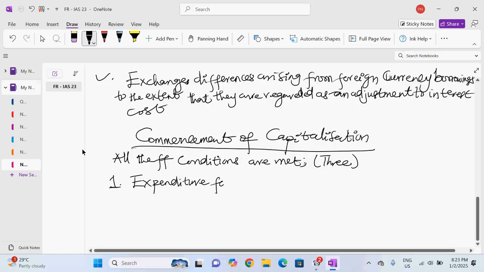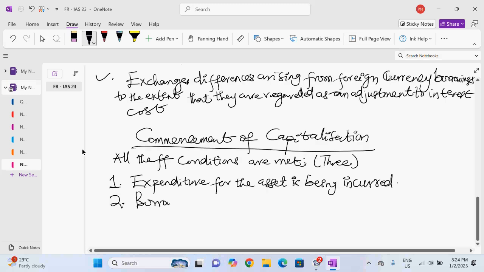When the qualifying asset that you want to acquire or construct, you have started incurring expenses on it, then you are good to go. You are on the way to commencing capitalization. That is one of the conditions that must be met.